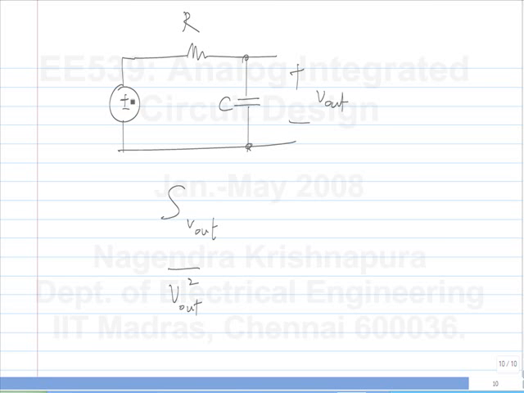Obviously, when you calculate the effect of noise, you disable the input source. Basically, even with Vin equal to 0, it gives you some output. That is the effect of noise. If it was a noiseless circuit with 0 input, it would give you 0 output. And you calculate the integrated output noise over the entire range of frequencies.